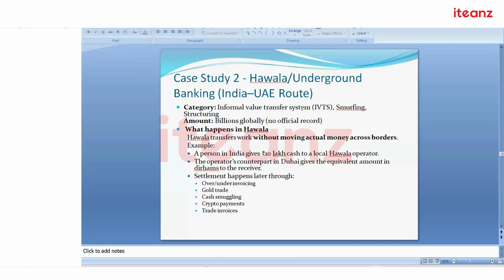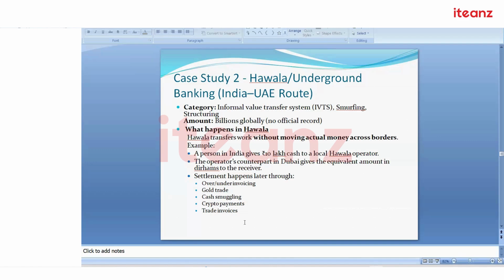So these people have a network. That can be via cash, via gold, via crypto payments, something. You never know what kind of things it will be. I gave you the example of horse race betting, but it can be in any form.